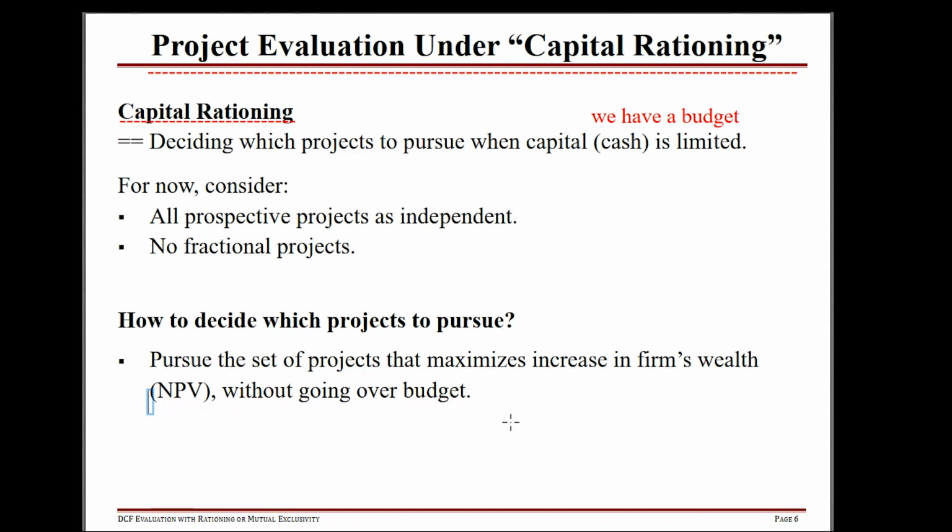It gets a little complicated checking all the possibilities if we have a portfolio of 4 or 5 or 6 projects. But conceptually, it's really this simple. We just find the set of projects that maximizes the increase in our wealth without going over budget. And again, IRR and BCR can give wrong answers.